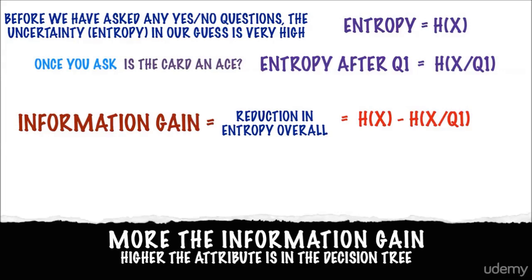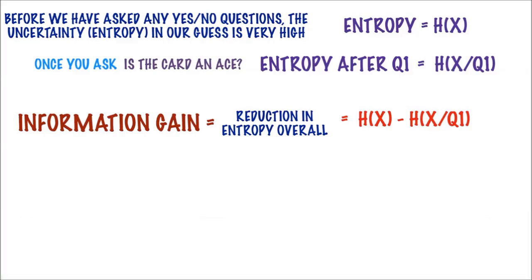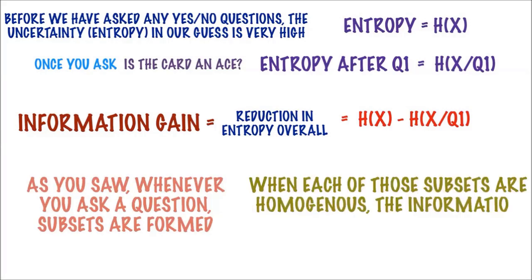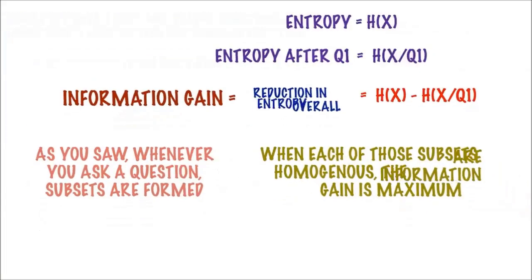How do we say that the information gain is higher? In which case is the information maximized? As you saw in our card game, whenever we asked a question, two subsets are formed. Now when each of those subsets is homogeneous, they are most alike, the information gain is maximum.